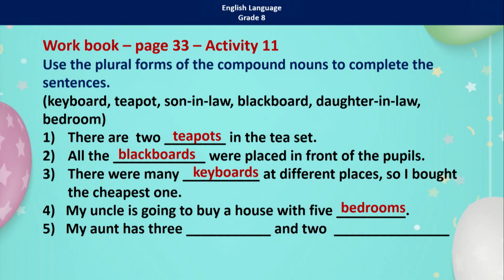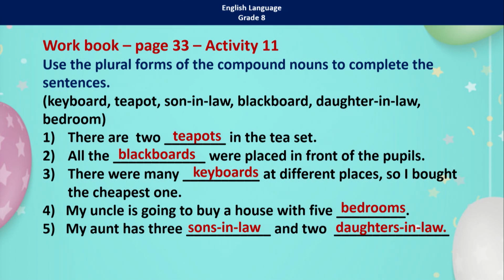So my aunt has 3 sons-in-law. Add an S to the main word there. Yes, we have added an S to the main word. And 2 daughters-in-law. Now we don't say daughter-in-laws, we can't say. To the main word we had to add the S.